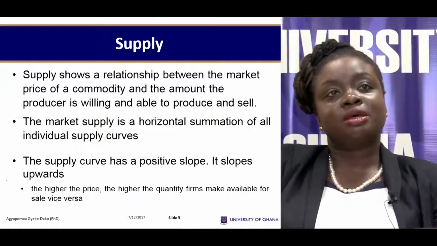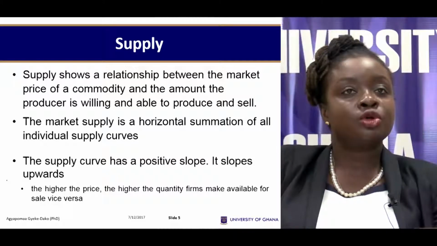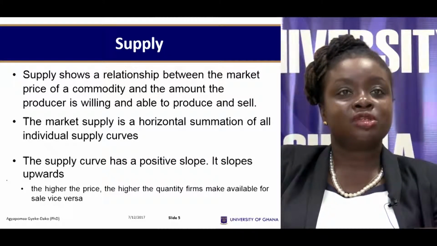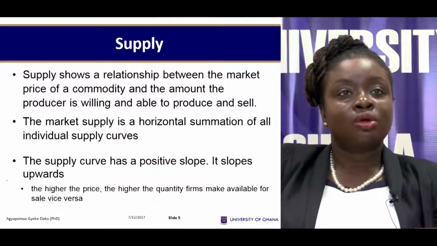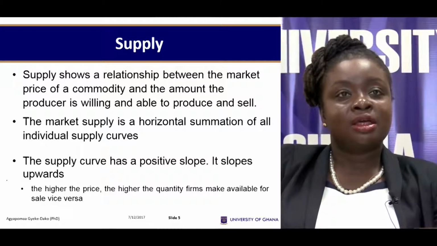What is supply? Supply shows a relationship between the price of a product and how much producers are willing and able to put on the market for sale. Remember, like we did for demand, we are not going to be looking at the individual supply, we are going to be looking at the market supply.